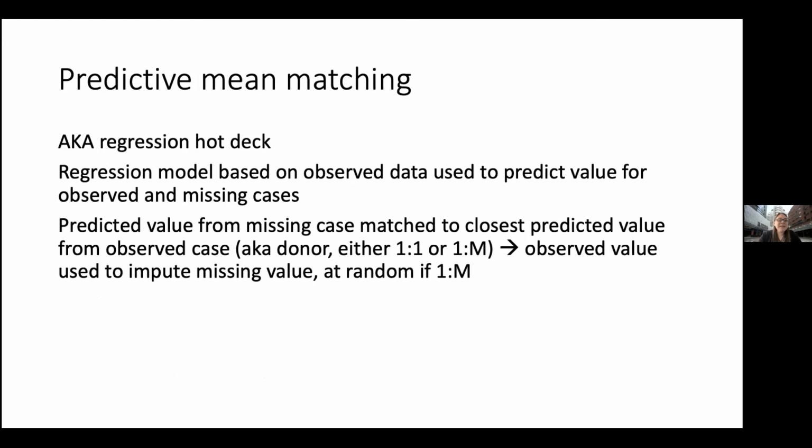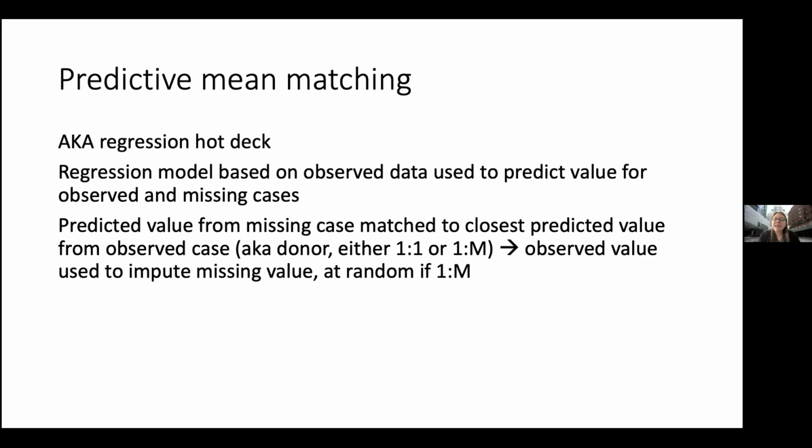Okay, the next is predictive mean matching, which is sort of marrying the concepts of regression imputation and hot deck together. And in fact, it's called regression hot deck. So what we do is we create a regression model based on the observed data, where we then predict the value for both observed and missing cases.